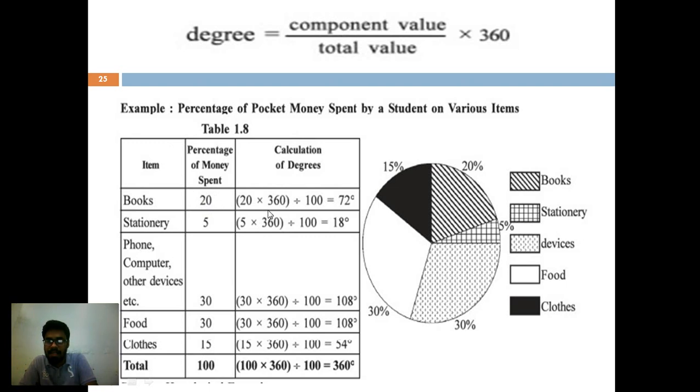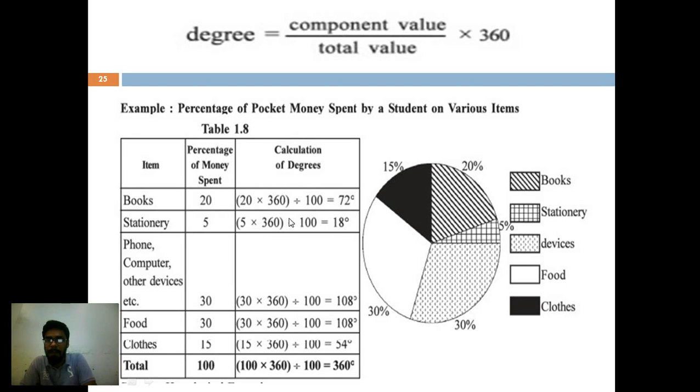Now let's simply multiply it with the value and you will get the answer. So 20, the value of the books, multiplied by 360, divided by 100, gives 72 degrees. So we are spending 72 degrees for books. Then second is stationery.